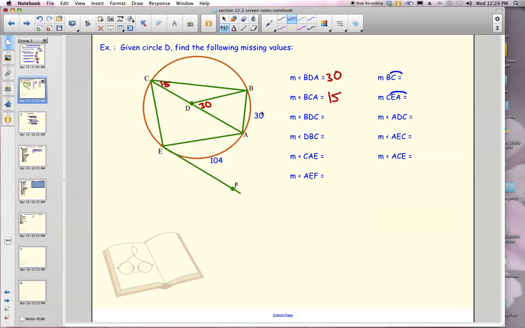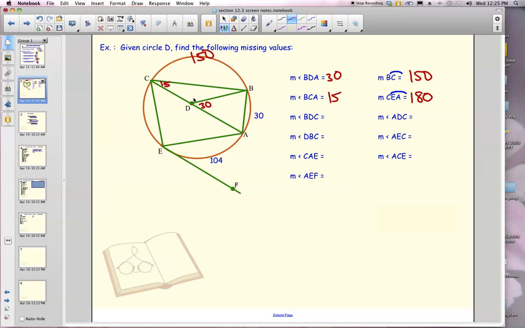And if we know that from A to B is 30, then from B to C would have to be whatever's left. So from B to C would have to be 150 degrees. CEA then, arc CEA, would be the other half of the circle. So arc CEA would have to be 180.